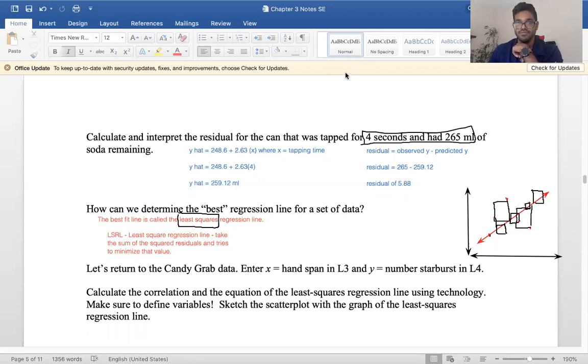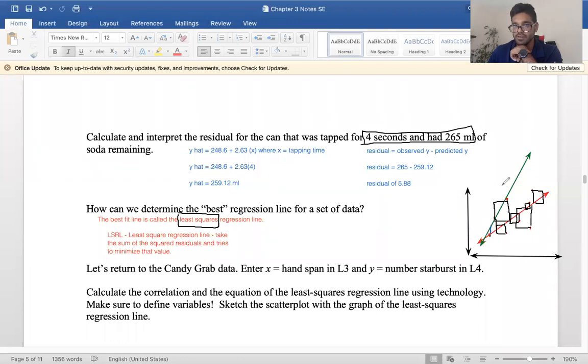So for example, if I were to change my line and make the line go something like this, which obviously isn't going to be the best one, but let's say I predict that that's going to be my line of best fit. Then when I go back in and draw these residuals, I'll do this in blue.